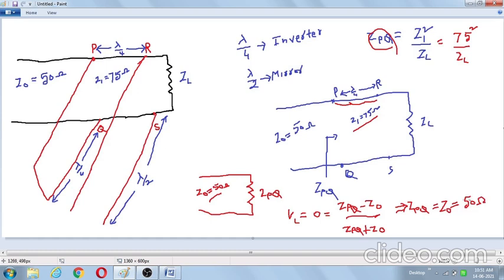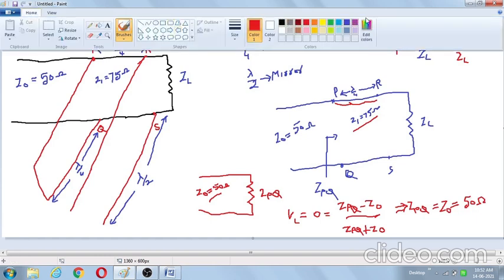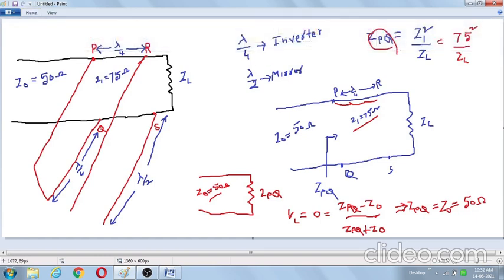So substitute this Z0 value in this equation and we will get the ZL value. Here ZPQ is equal to Z0, that is equal to 50 ohms. Z1 square is equal to 75 square, that is equal to 5625, by ZL.